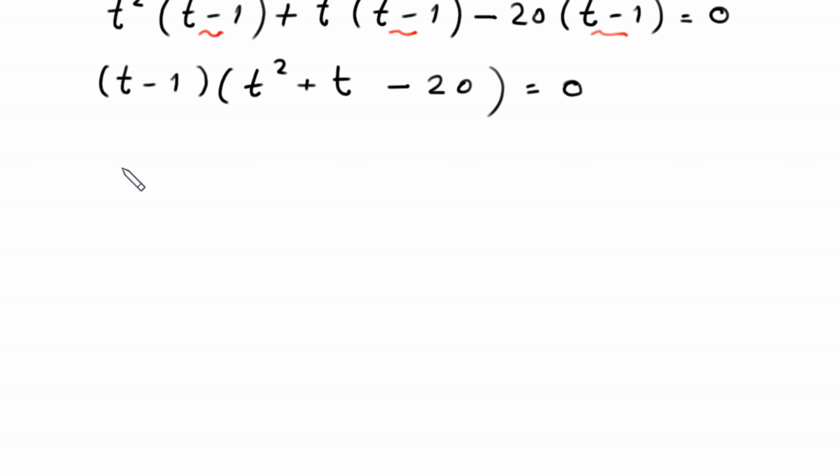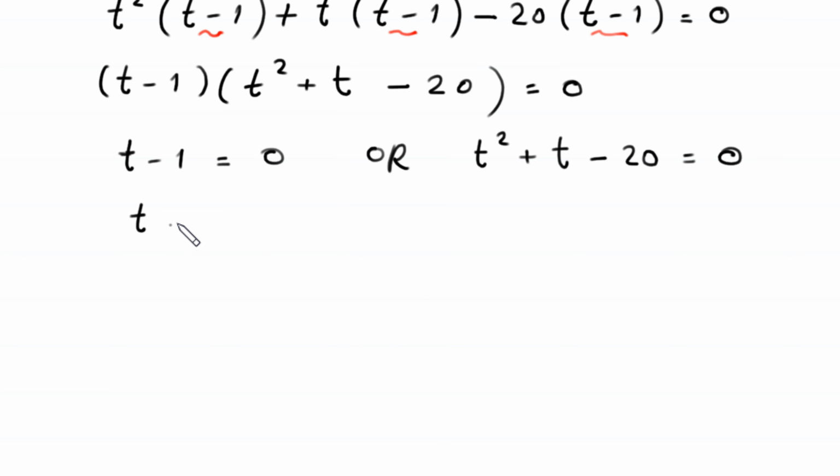Now from here, either t minus 1 is equal to 0, or t squared plus t minus 20 is equal to 0. From the first equation we get the value of t is equal to 1, and this quadratic equation we solve by factorization. We write this t squared, and this plus t can be written as plus 5t minus 4t, minus 20 is equal to 0.